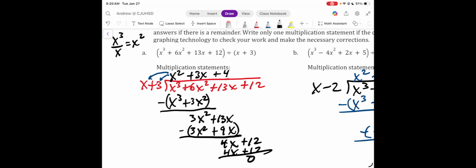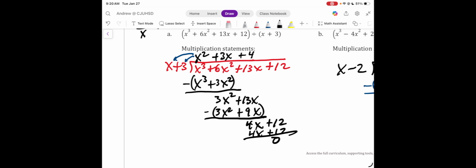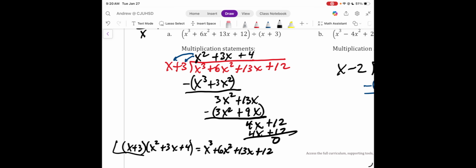So that means the multiplication statement is going to be x plus 3 times x squared plus 3x plus 4 is equal to the quotient, the dividend, x to the third plus 6x squared plus 13x plus 12. So that means x plus 3 was a factor.